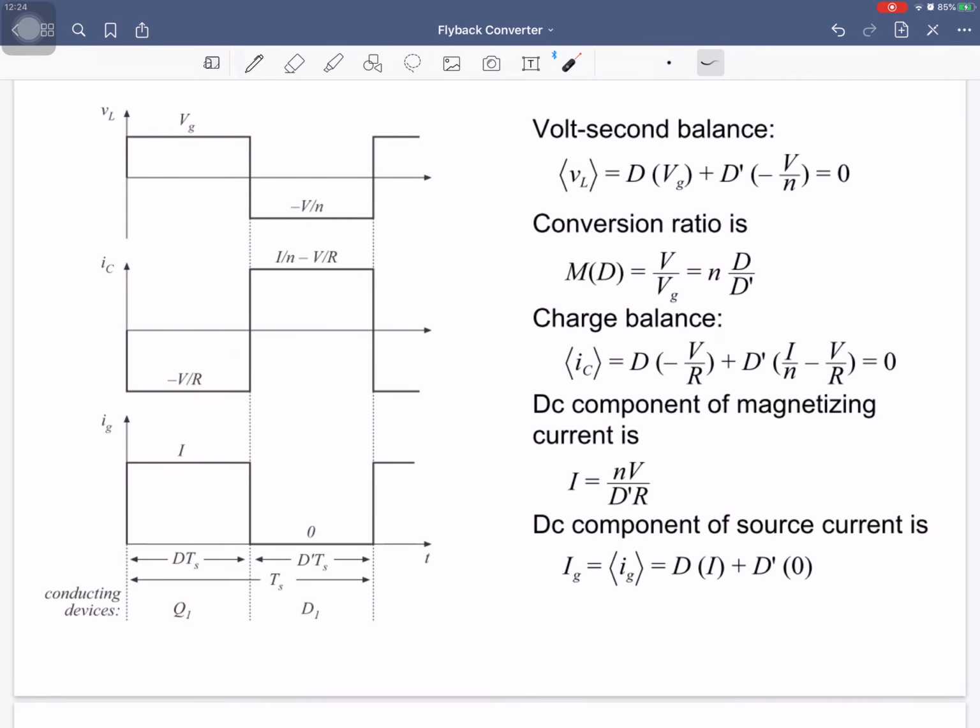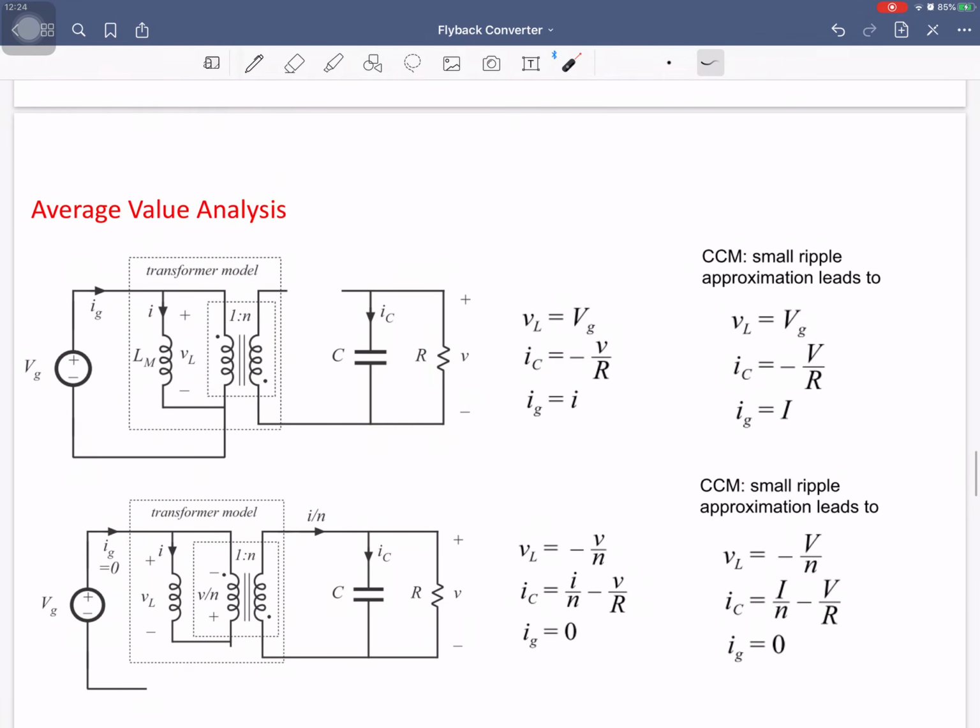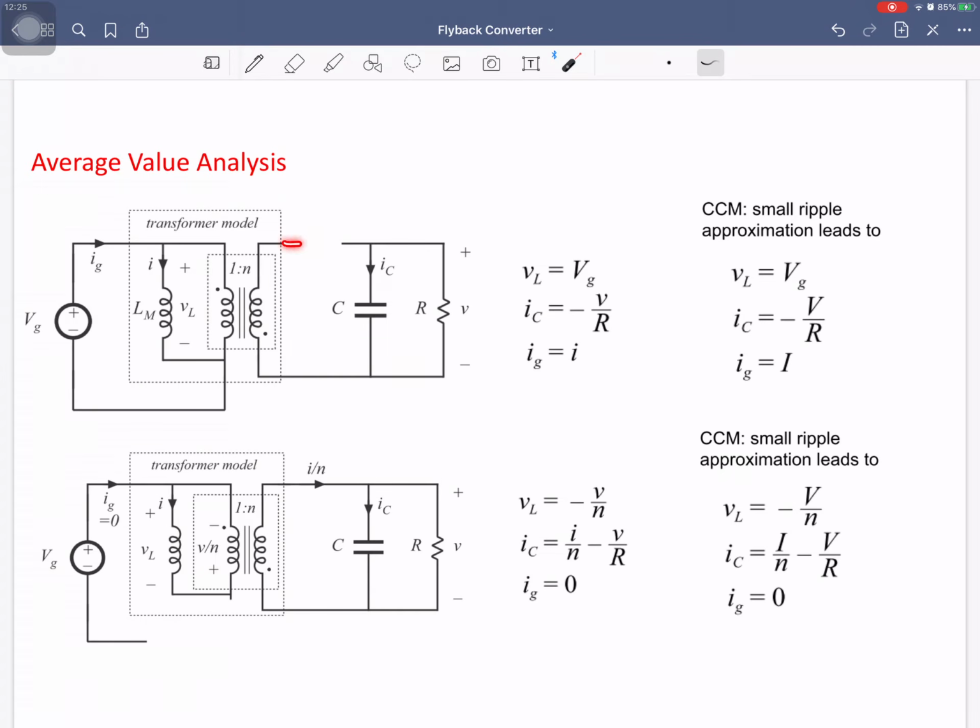And when your switch Q1 is turned off, your diode will be turned on, that is represented over here, right? At that instant of time, what is the voltage across your inductor? That is equal to minus V by N, the load voltage reflected back to this side, and the average value is this one, minus V by N. And what's the capacitor current?